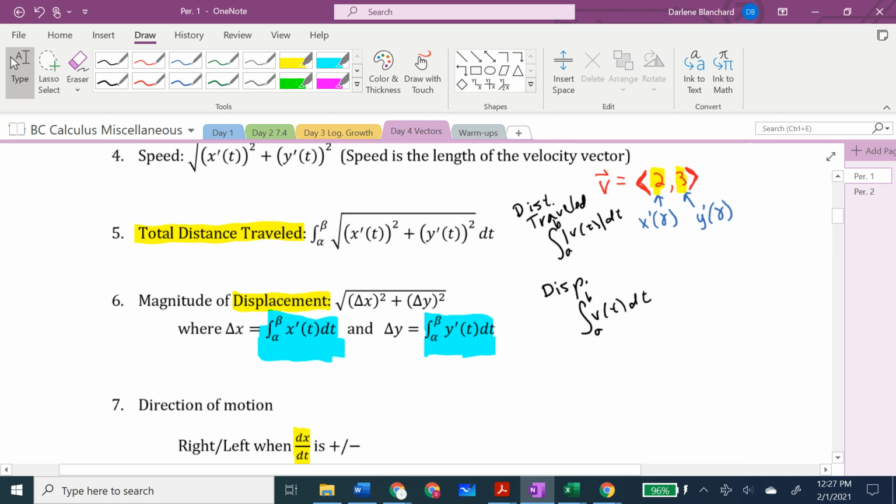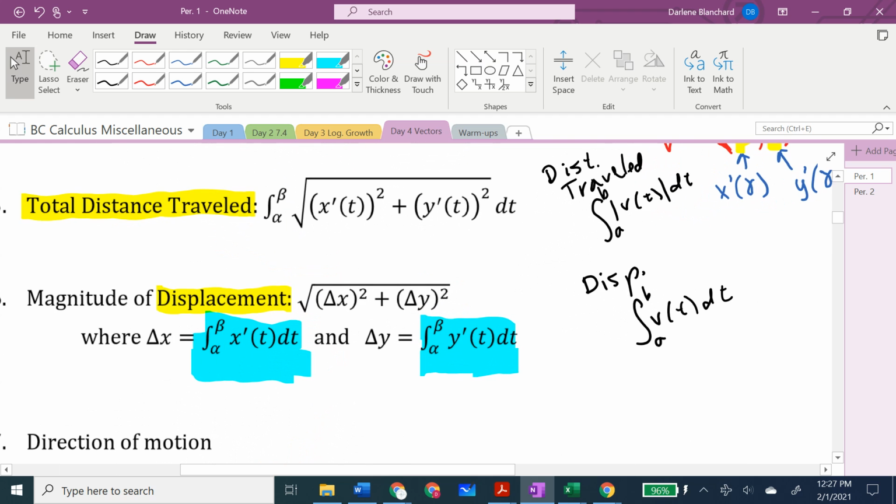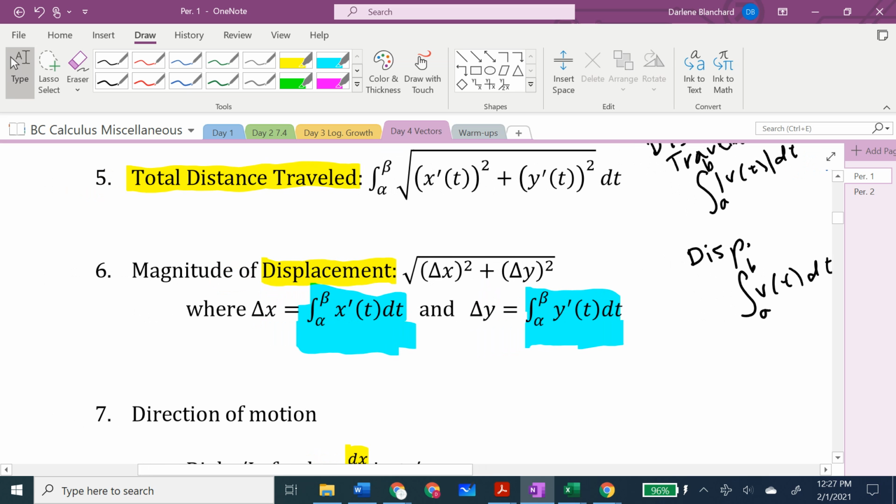If I want to know the magnitude of my displacement, I actually need to make sure that I know first what is my horizontal displacement and what is my vertical displacement. If I integrate my, shall we say, horizontal velocity from time alpha to time beta, that will give me my horizontal displacement.